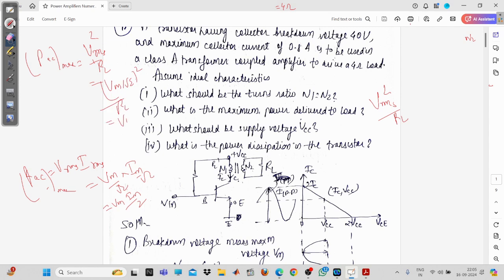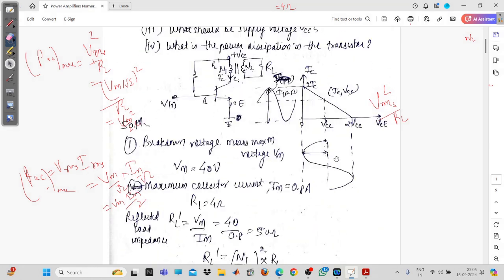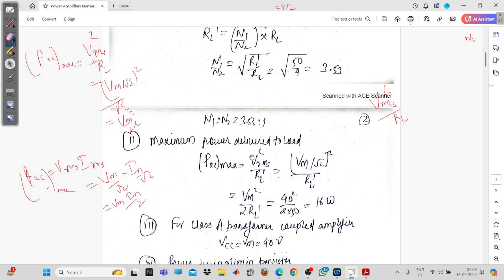So you can write Vm square upon 2 into RL. Fine. So we'll see which value. This is VRMS square upon RL dash, right? Because everything will be on the primary side. So this you will have to take into account. That is 40 square upon 2 into 50. So you have got this value.